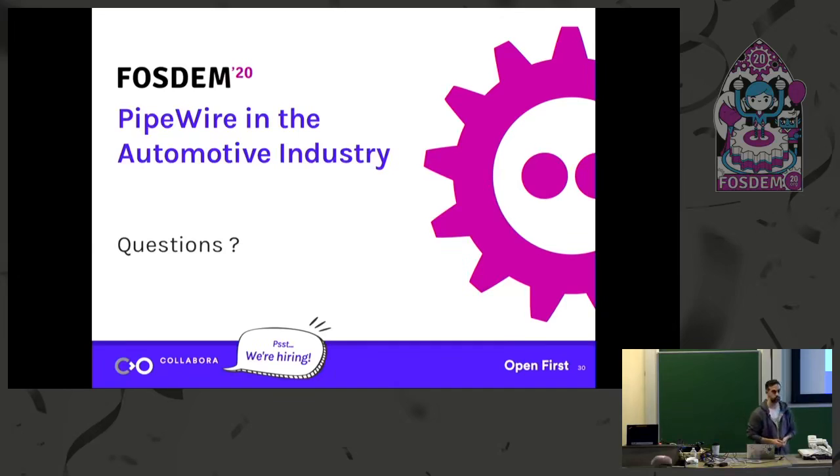Do you have any benchmarks comparing PulseAudio to PipeWire? The question is if I have any benchmarks comparing PulseAudio to PipeWire. Yes, I had a benchmark from last year, so it's not up to date. I'm sorry, I don't have the slide with me. But we had some comparison of PipeWire basically taking a 5.1 stream, so 6 channels, transforming it in a couple of ways, resampling, changing the format, and taking it out.